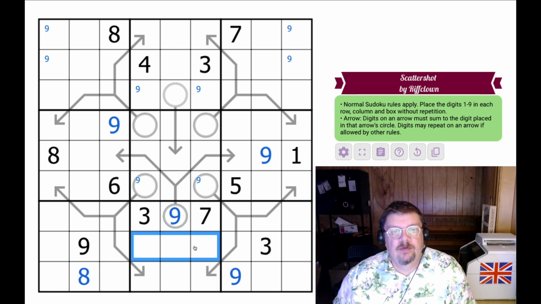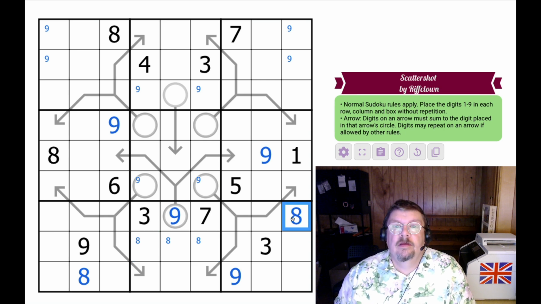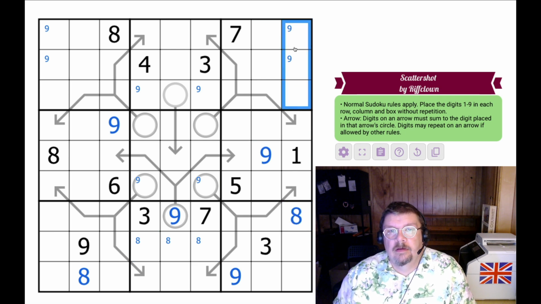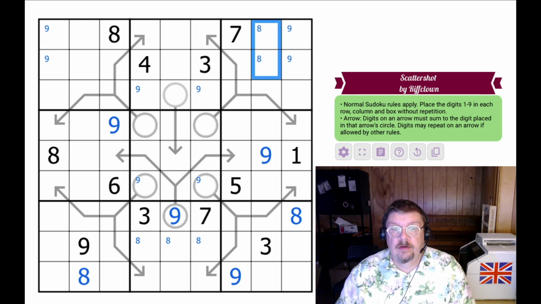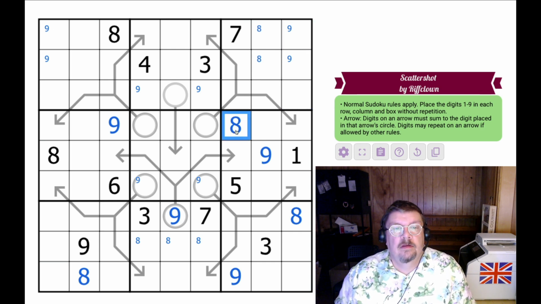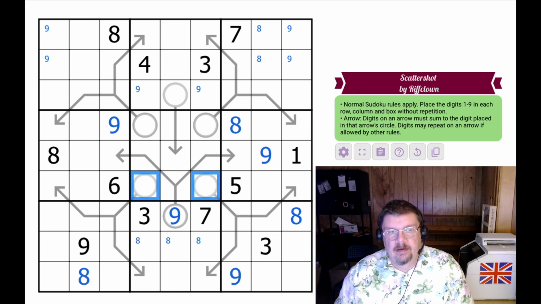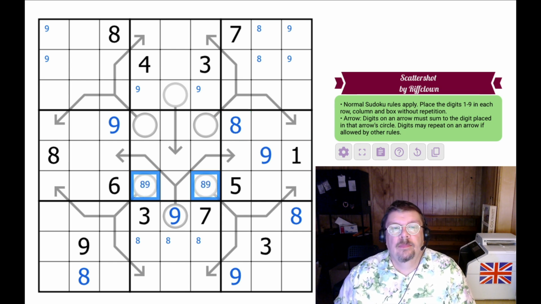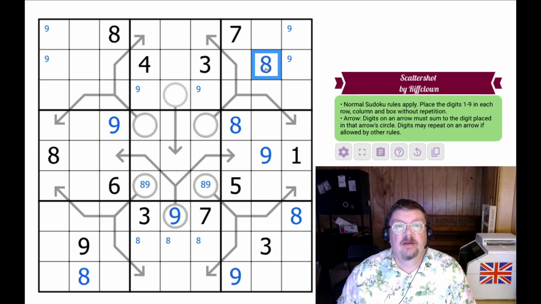Those aren't 8s, so one of those 3 is. So that makes that an 8. That makes one of those two an 8. That makes that 8. That makes this an 8, 9 pair. That 8 means that that's not, and that is.